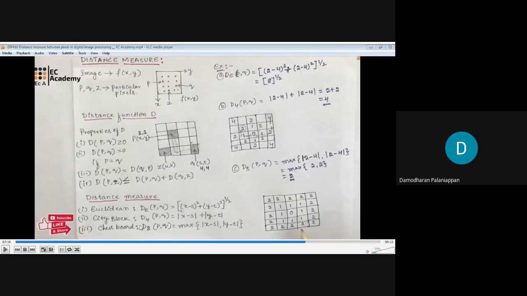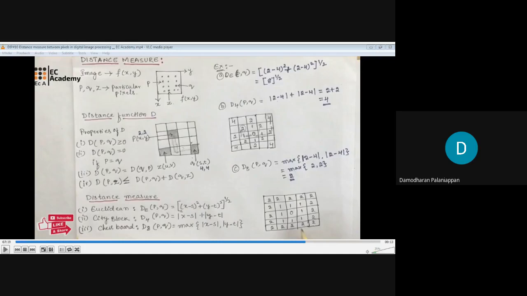The city block measure finds distance within the range of a diamond shape. The chessboard measure finds distance of a square type. This is what we discussed yesterday.